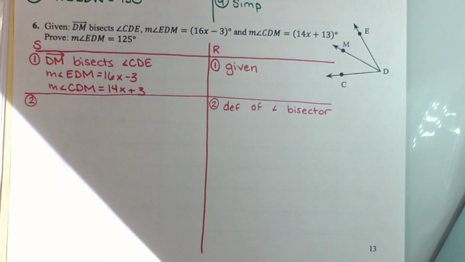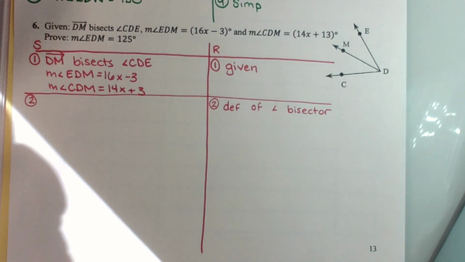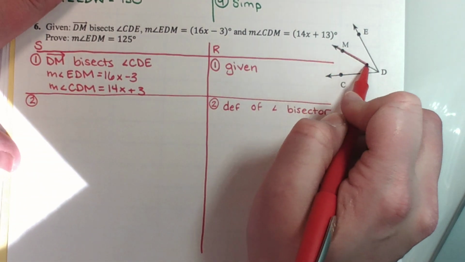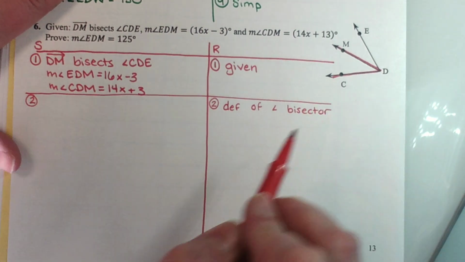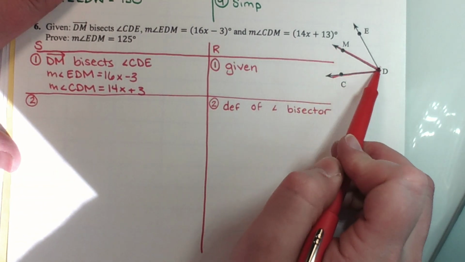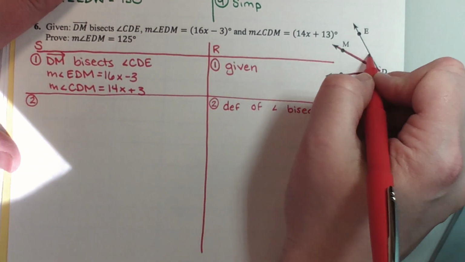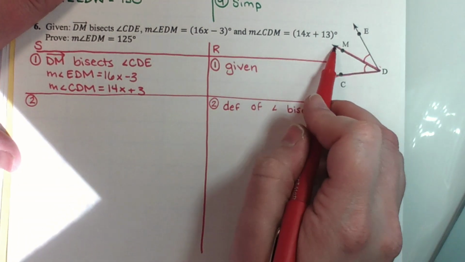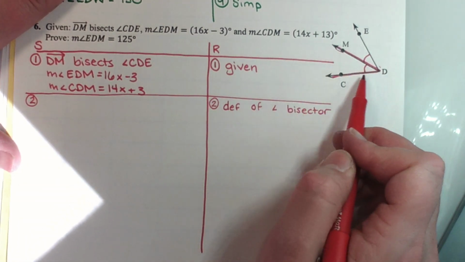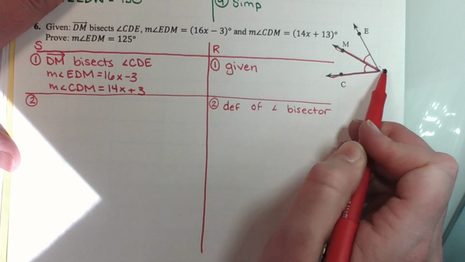Definition of angle bisector says the two small angles are congruent. Double check your picture. This is one of my two small angles that it says are congruent. Is this one of the ones that I have in my proof? Yes.